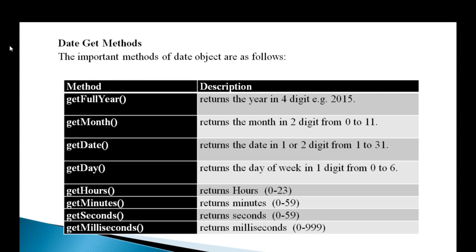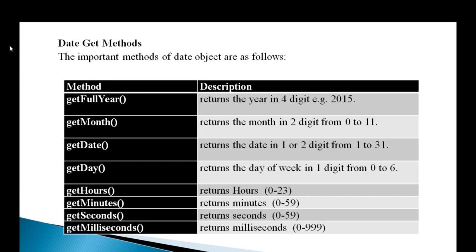Similarly, getDate returns the date from 1 to 31, as we have 30 or 31 days. getDay returns the day of the week in digits, from 0 to 6, as we have weekdays.